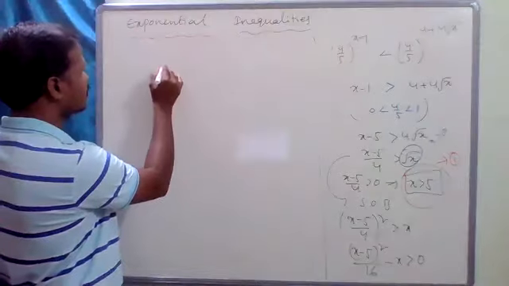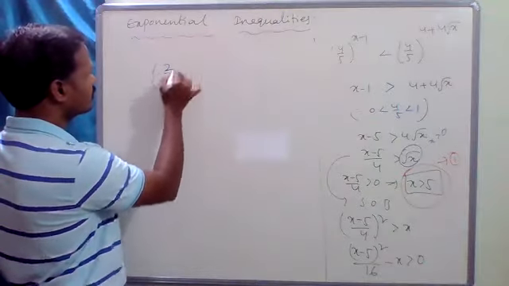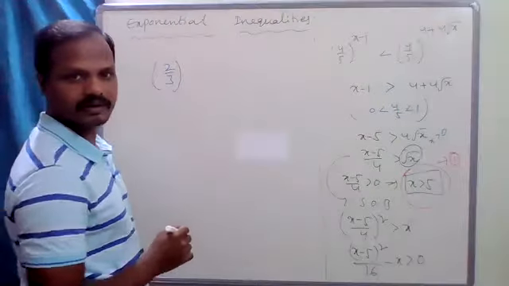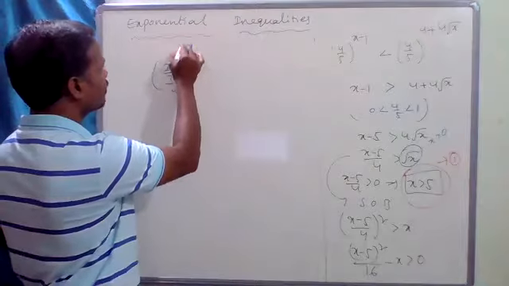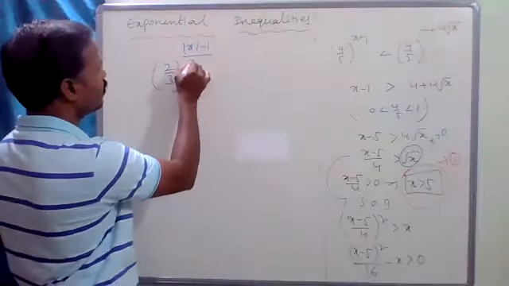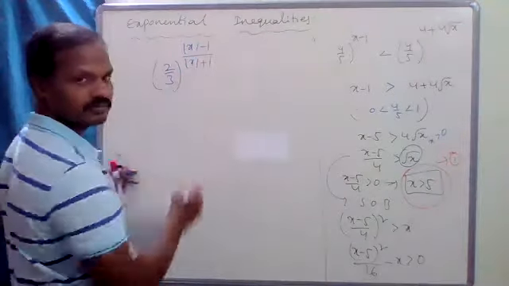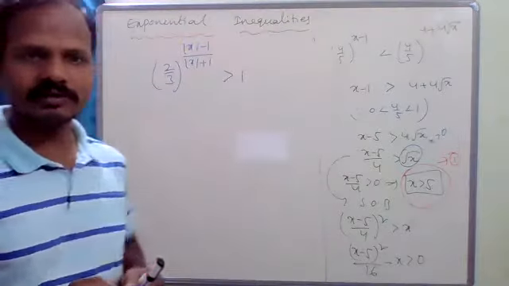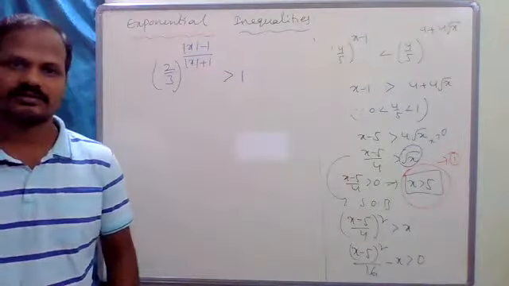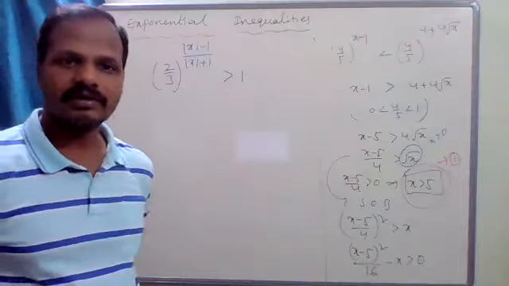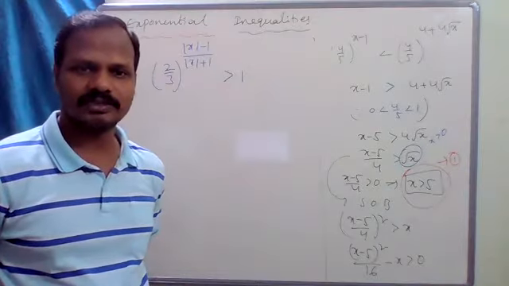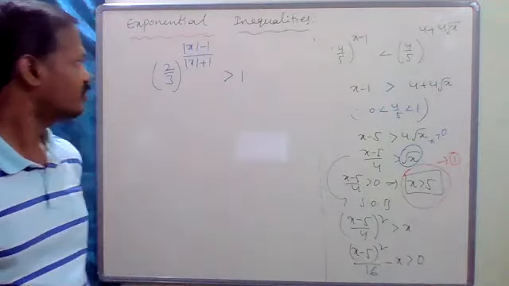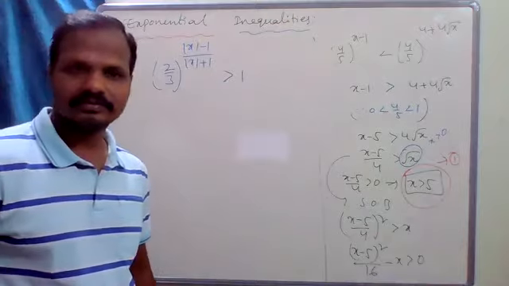Solve for x: (2/3)^(|x-1|/|x+1|) is greater than 1. Note down this problem. Solve for x: (2/3)^(|x-1|/|x+1|) greater than 1. Okay?